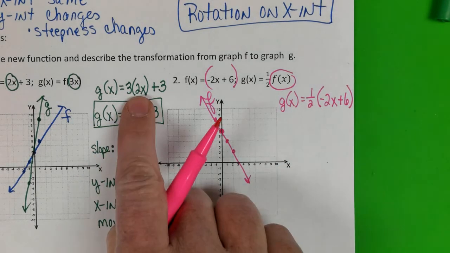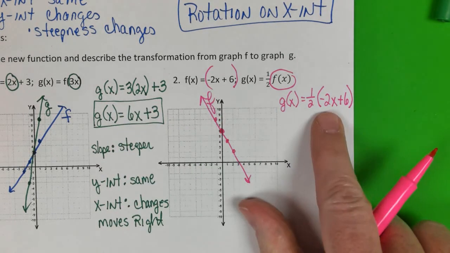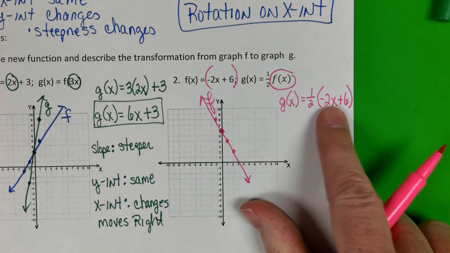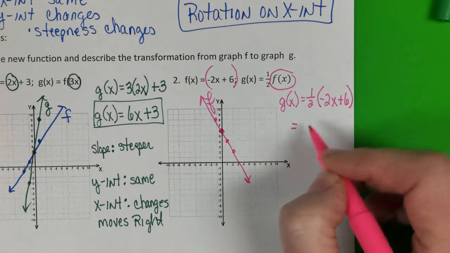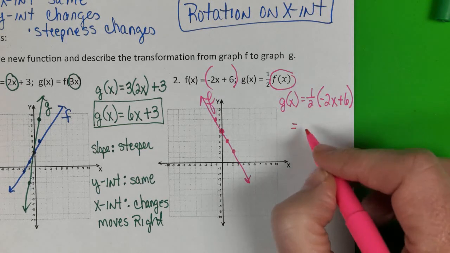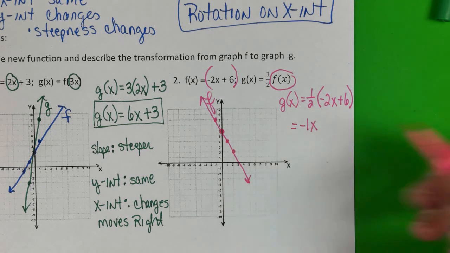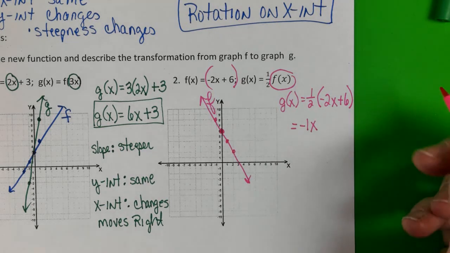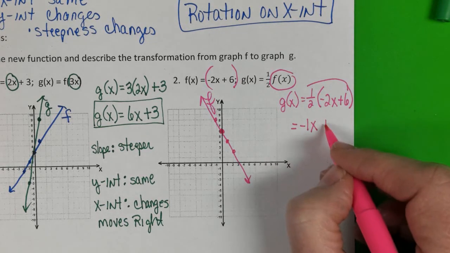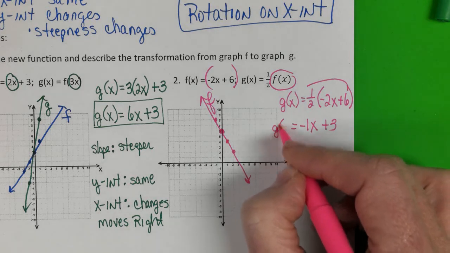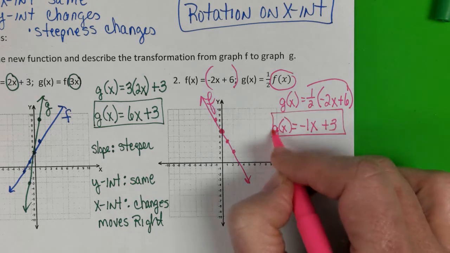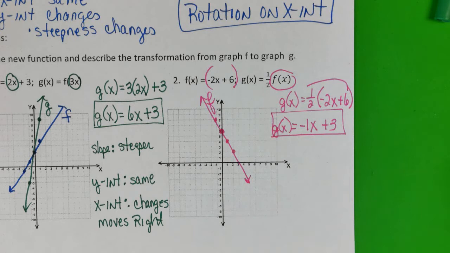Last time we just multiplied the x. This time we're multiplying the whole entire equation. So this 1/2 times -2 is -1x, or you could just put -x, same thing. 1/2 times 6 is 3. So our new function is g of x equals -x plus 3.